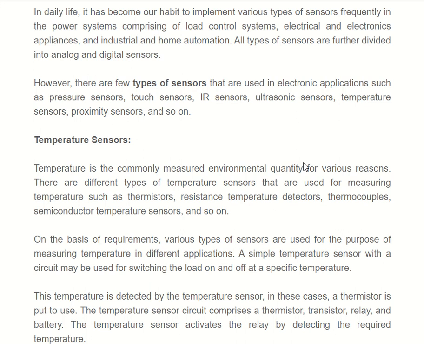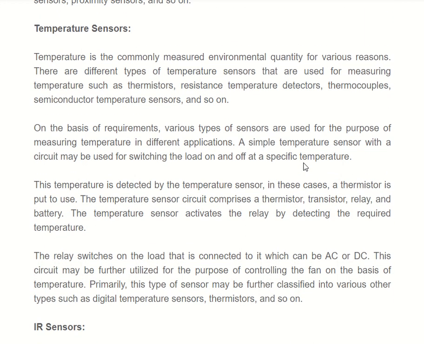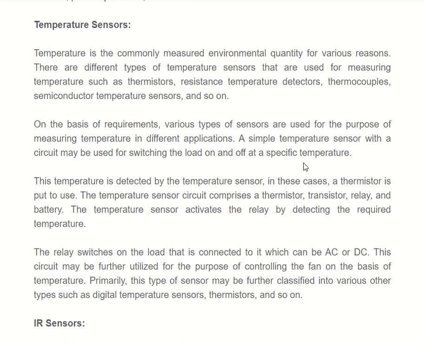And one type of sensor which I wanted to discuss, which we have not discussed previously, is the temperature sensor. So temperature is the commonly measured environmental quantity for so many reasons. And there are different types of temperature sensors that are used for temperature measurement.